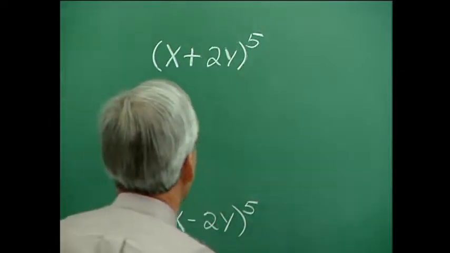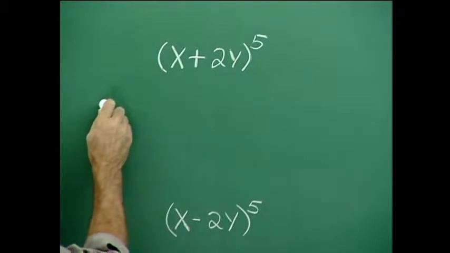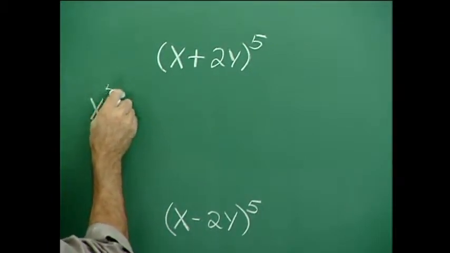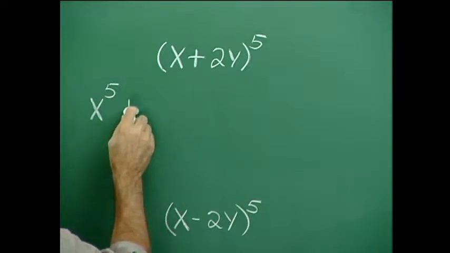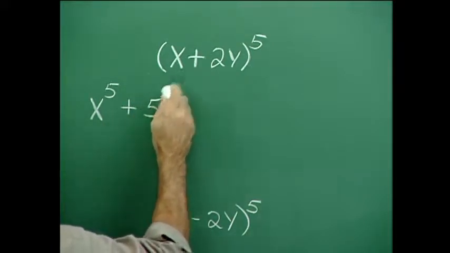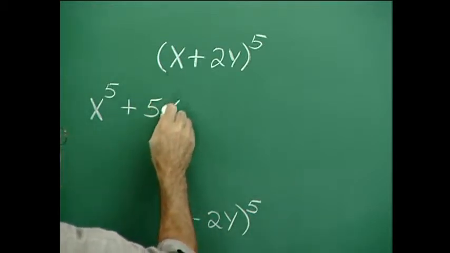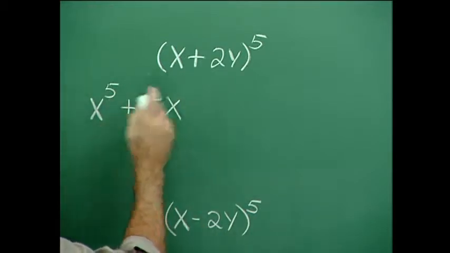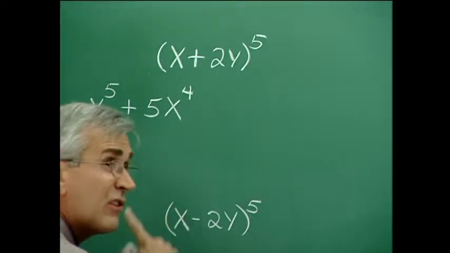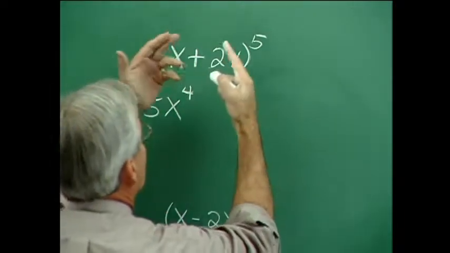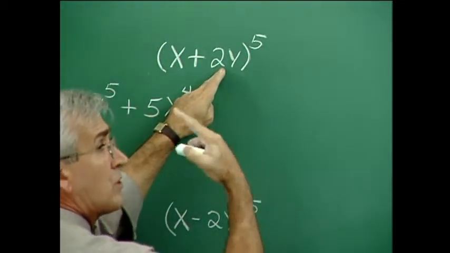All right? We know that the first term is going to be this first item to the 5th power. We know that the second item is going to have a coefficient which is 5, corresponding with this, and then we're going to have x to an exponent which is 1 less than this, and then in our previous discussion we talked about the second part of the binomial appearing to an exponent which is 1.